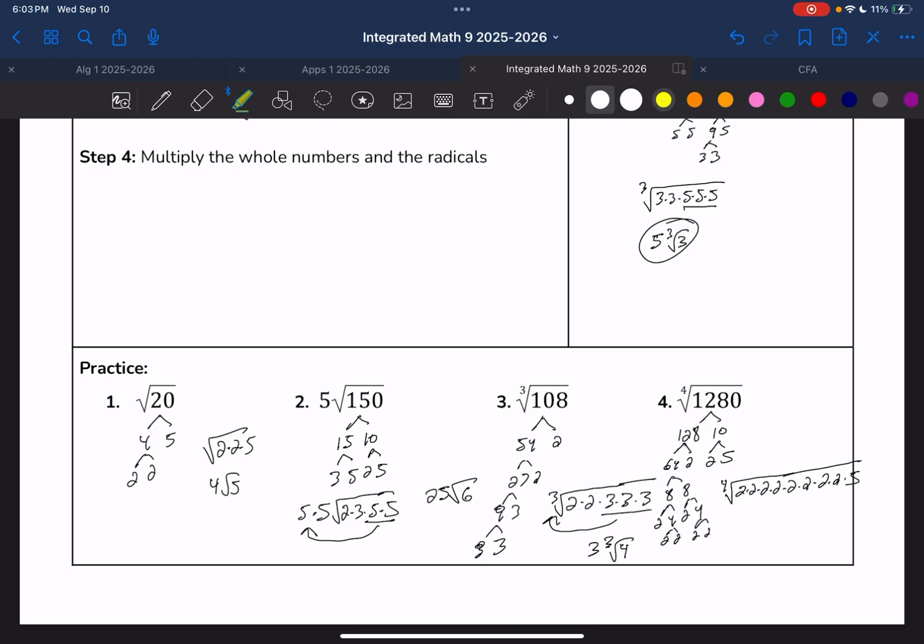Just in case, we have 1, 2, 3, 4, 5, 6, 7, 8 2s, and 1 5. So now we have 2 full sets of 2. You can pull those out front. So we're going to have 2 times the fourth root of 5, which means our final answer is 4 times the fourth root of 5.